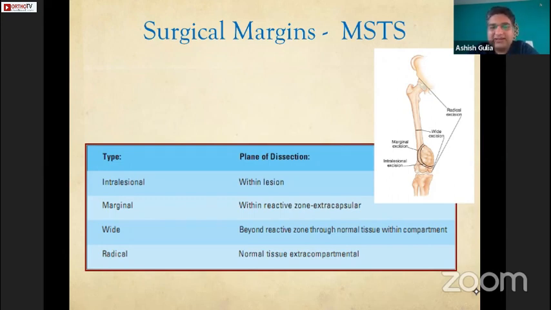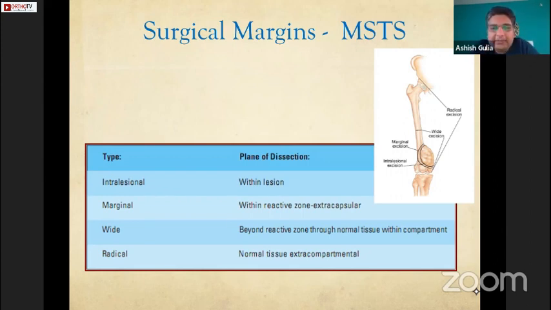Why we cannot practice this in malignant bone tumors is that they might have seeding of malignant cells in this reactive zone. So if we pass through this reactive zone, we might leave some active disease behind, and this may lead to a very high percentage of local recurrence. A typical example of marginal resection for surgeons is the excision of a lipoma. That is the typical way we excise it.